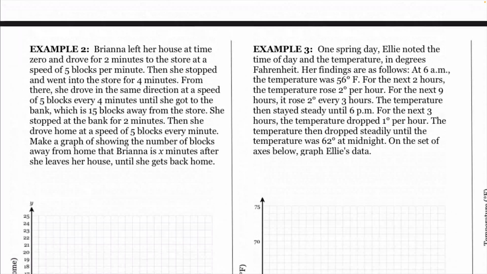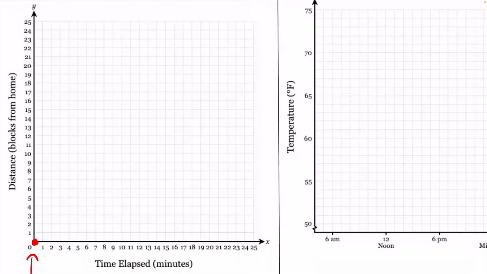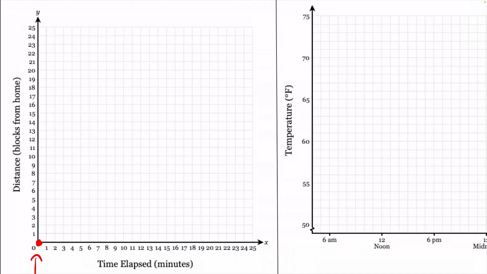And then it says she drove for 2 minutes to the store at a speed of 5 blocks every minute. So she drove for 2 minutes. How many blocks does she cover in 1 minute? 5. So after 1 minute, she should be 5 blocks away, right?